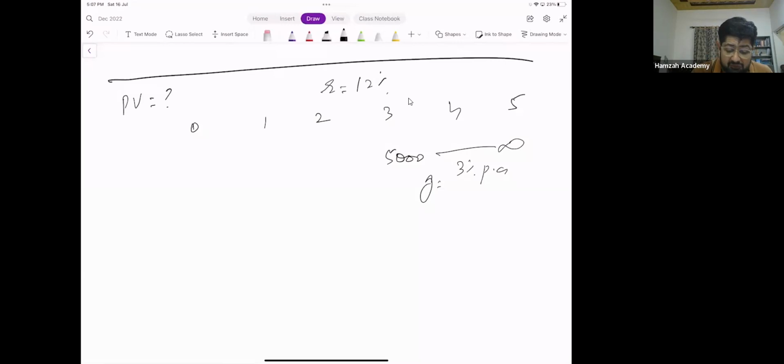Students, this is perpetuity with growth and deferred as well, starting from year 3. What is the answer? 5,000 over R minus G. Simple is that. Answer will fall here. 2-year discount factor at the rate of 12% for 2 years.